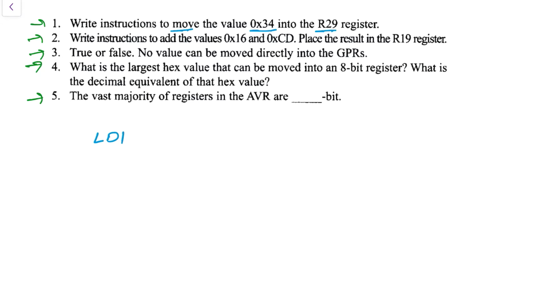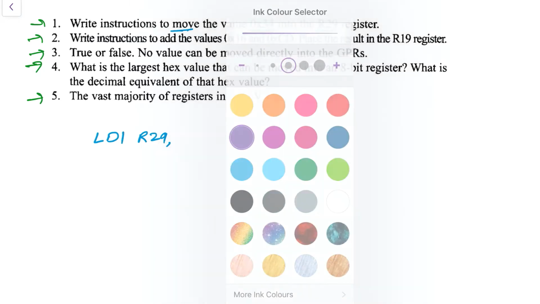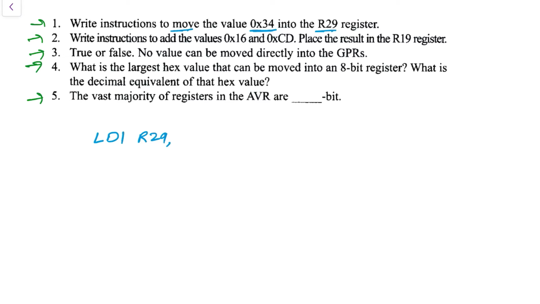That means you are going to write an instruction LDI R29, and the value is 0x34.